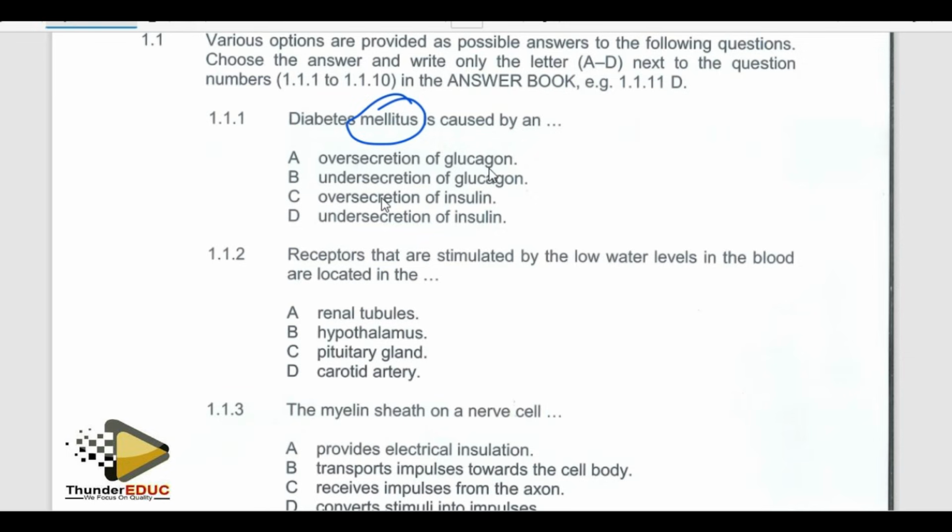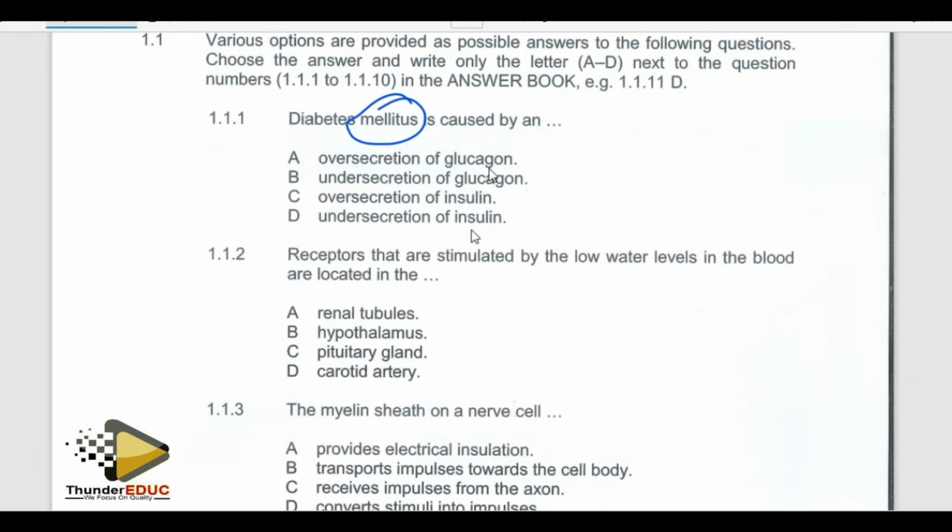It is caused by, number 1, over secretion of glucagon. No, under secretion of glucagon. Then over secretion of insulin, and then under secretion of insulin.